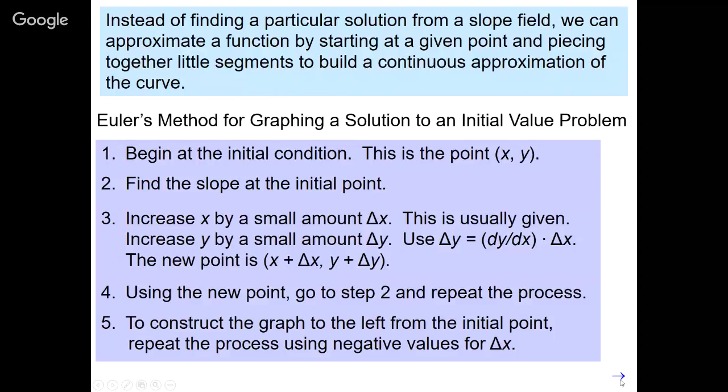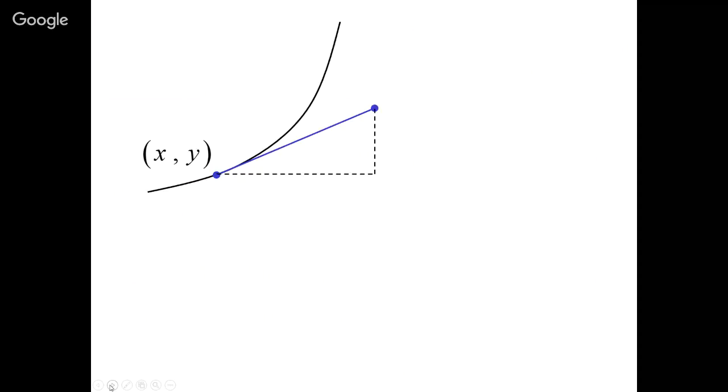All right, so let's do an example here. Let's say I have y equals x squared. I'm going to take a point, the initial condition, and go over a delta x. And I'm going to go up with my approximation, delta y, which I get by multiplying the slope times delta x. Then my new point is going to be x plus delta x, comma, y plus delta y.